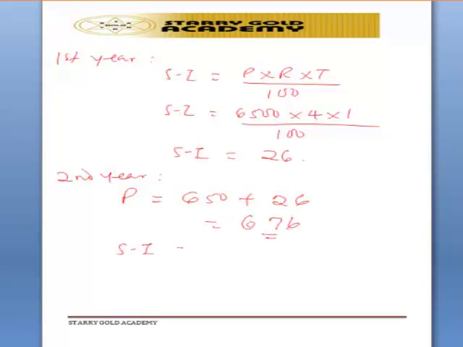So simple interest will now give us P times R times T over 100, and this will give us 676 times 4 times 1 over 100. That is 27.04. That's the simple interest for year 2.